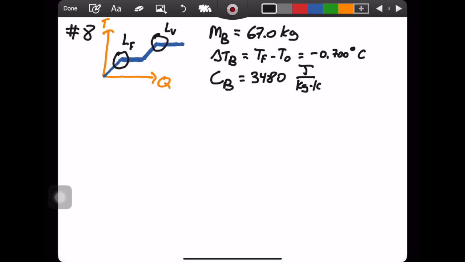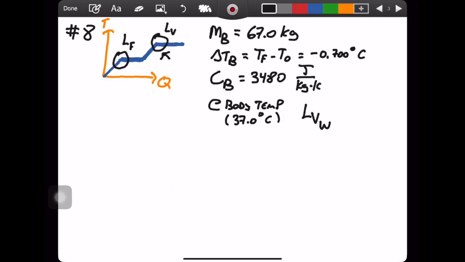We are also told that at body temperature, which happens to be about 37.0 degrees Celsius, the latent heat of vaporization of water, so that's when we're going through a transition between liquid and gas.